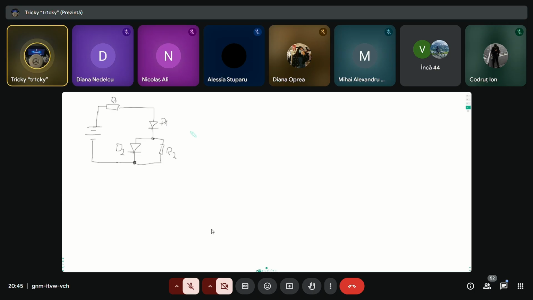Only two resistors? Strange. Okay, I think we can start.